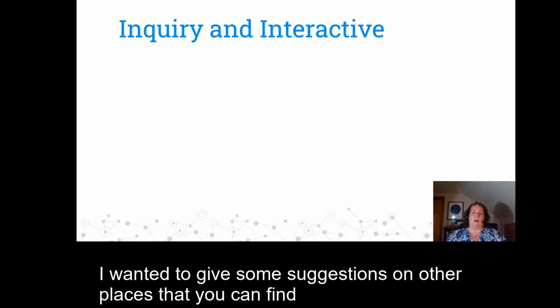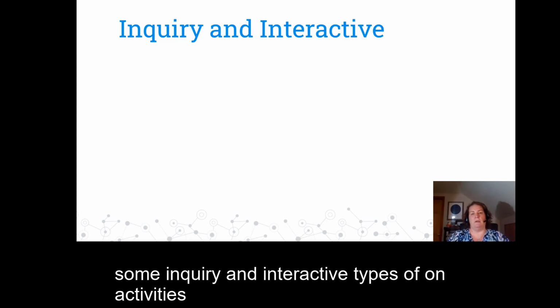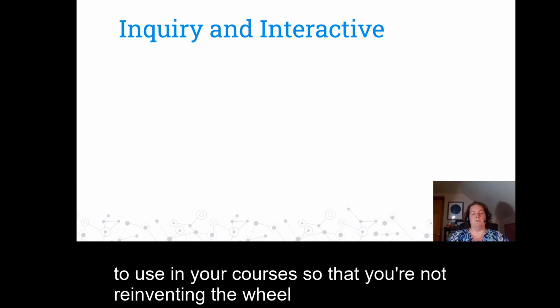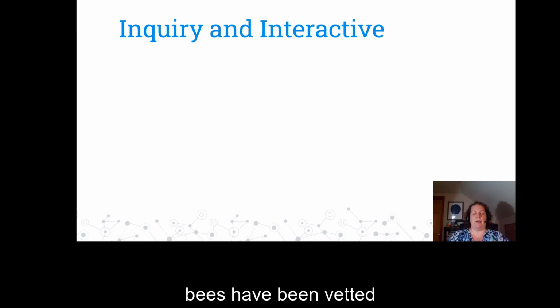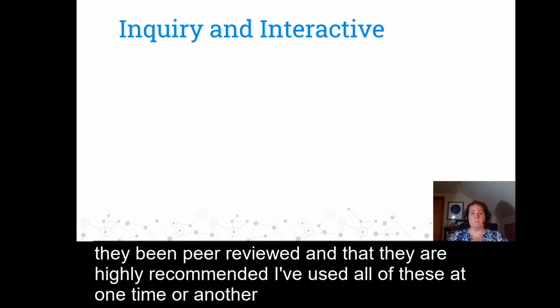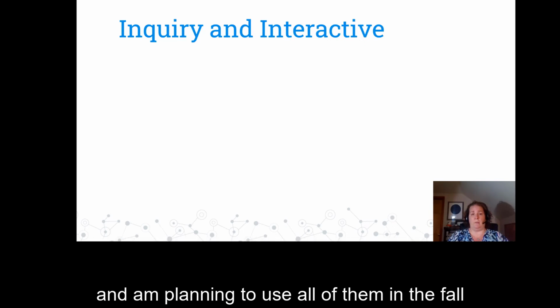So I wanted to give some suggestions on other places that you can find inquiry and interactive types of activities to use in your courses so that you're not reinventing the wheel. These have been vetted, they've been peer reviewed, and they are highly recommended. I've used all of these at one time or another, and I'm planning to use all of them in the fall.